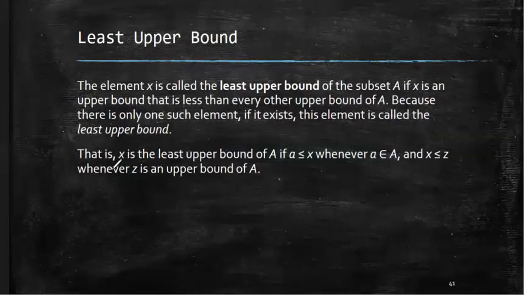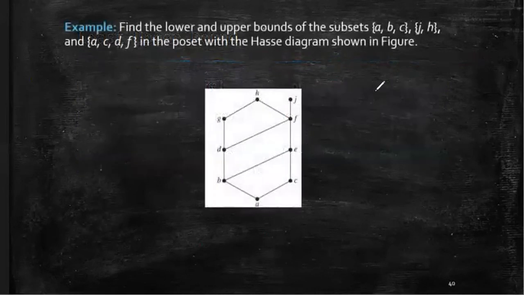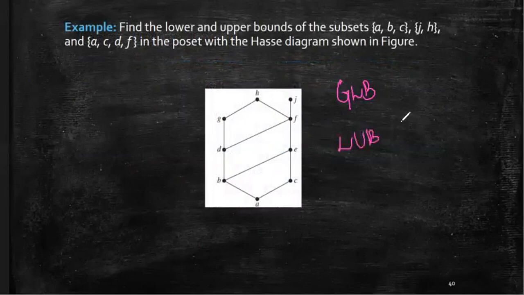So in the same diagram that we have seen, let's find the greatest lower bound and least upper bound. We will first find it out, and after that we'll see the definition of which sets we need.